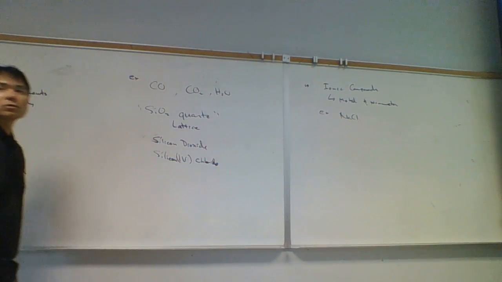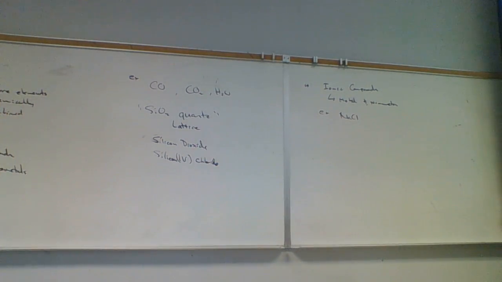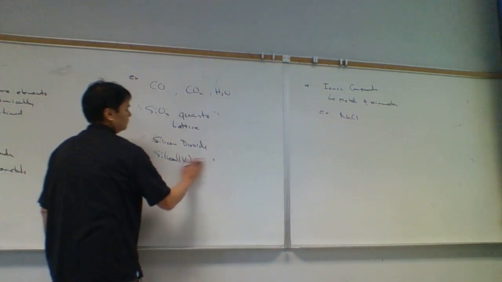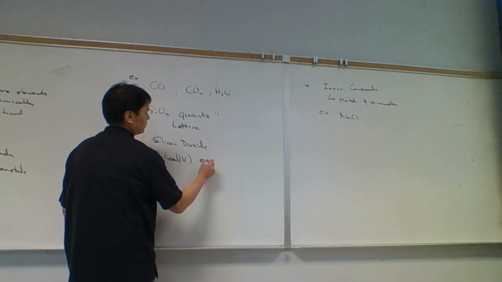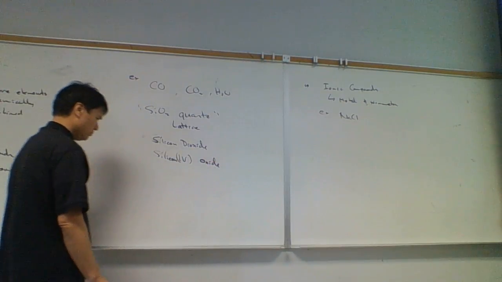Okay, so silicon 4 chloride. That's another name. And so the way we name this depends on that, and since this is borderline, two names are often found for this.